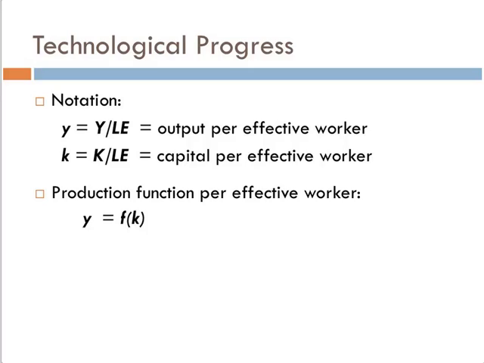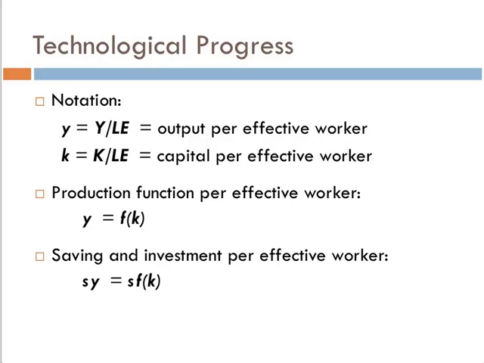So our production function becomes y is a function of little k, where y is output per effective worker, and this is the per effective worker production function. All right, so big difference there is what? We're adjusting for technological progress, or at least we're allowing for it.